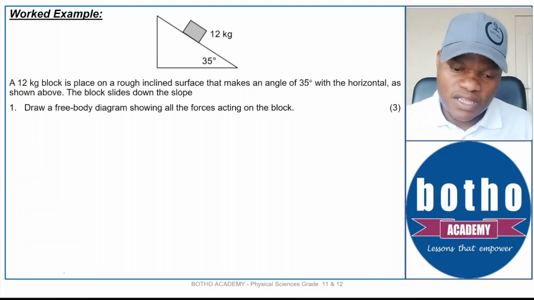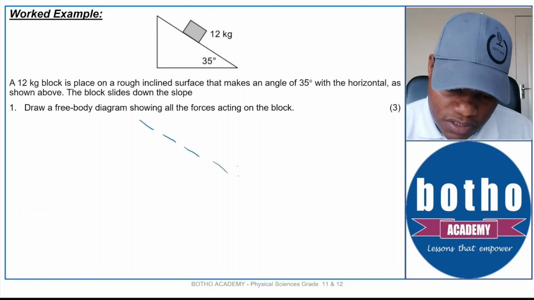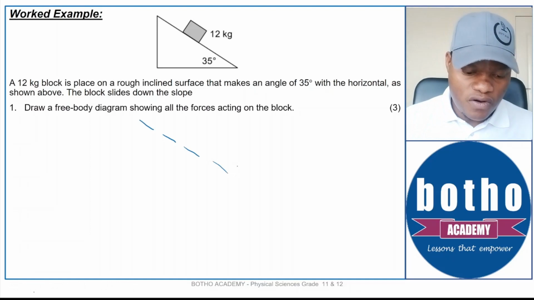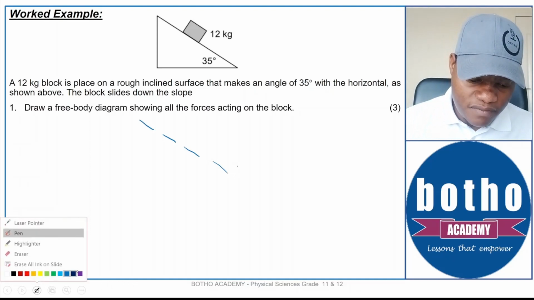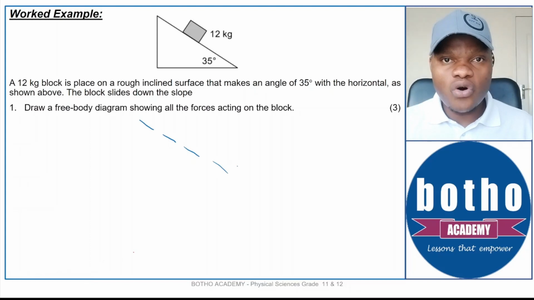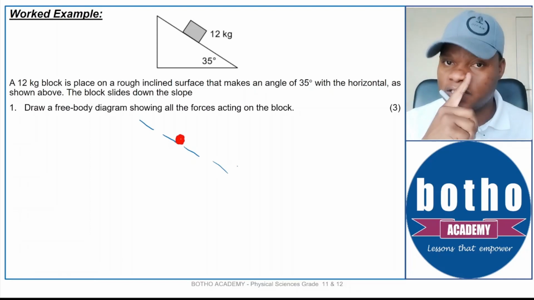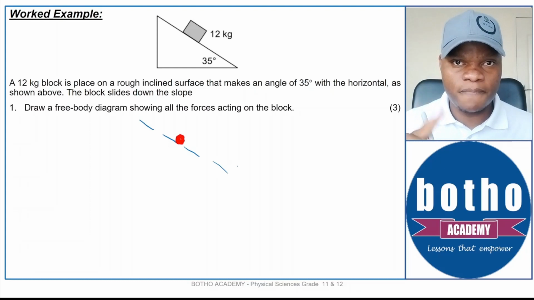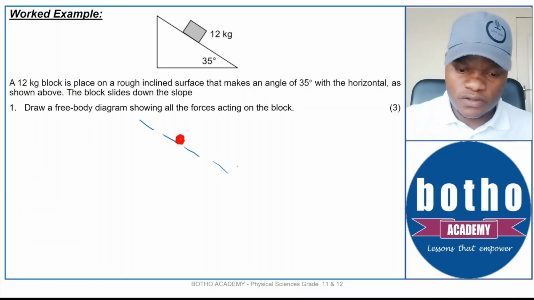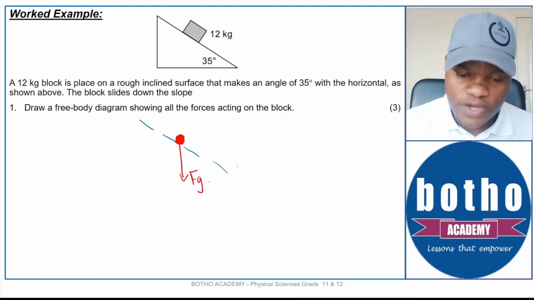Draw first the surface, and do not put arrows on the surface. Here's the surface. Now draw the free body diagram based on what you know about the forces in relation to the surface. I know that this object is going to be on the surface, and the first thing that I know about it is that it's going to experience a force of gravity, which is what we refer to as the weight.